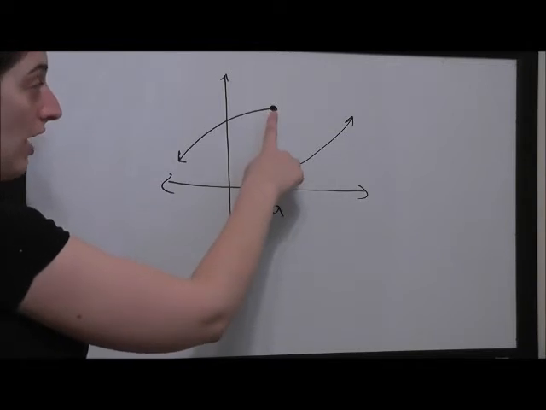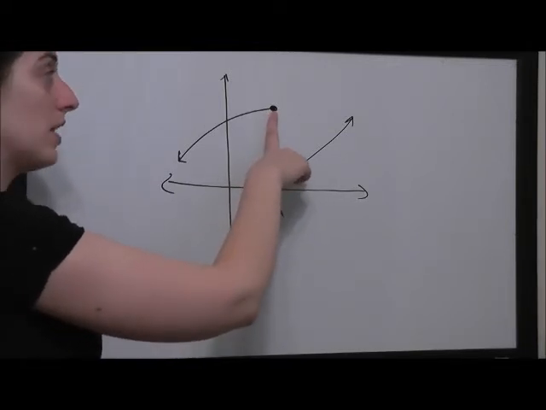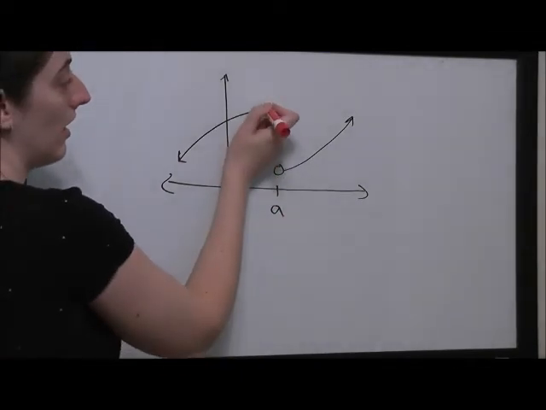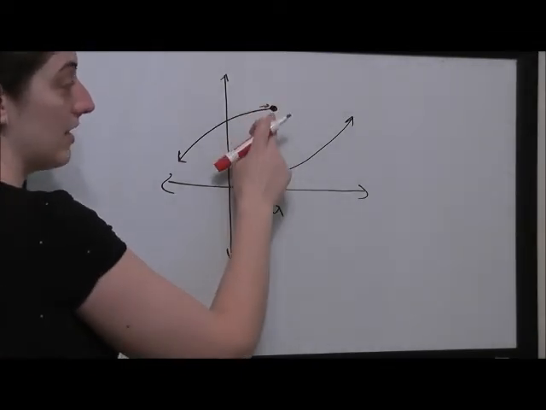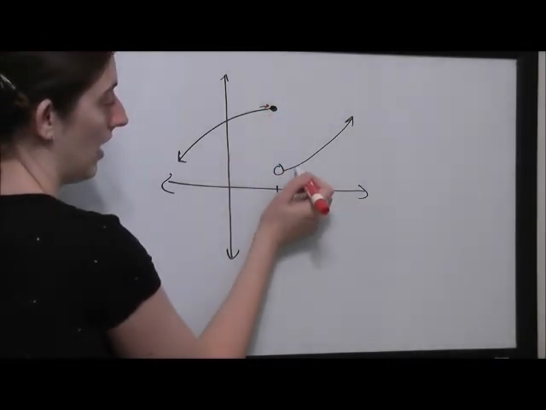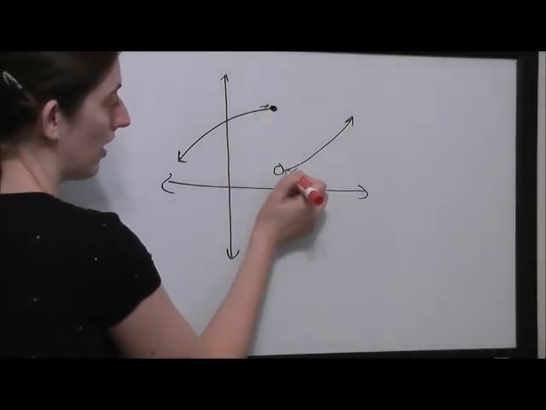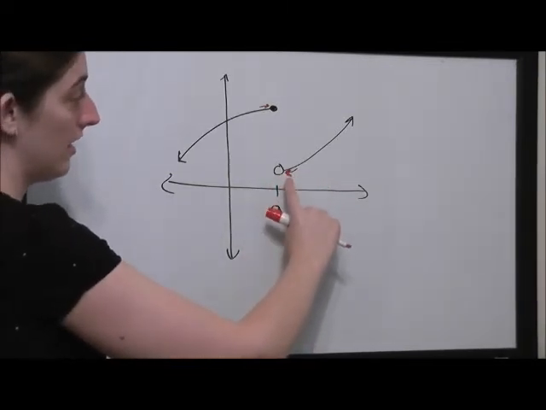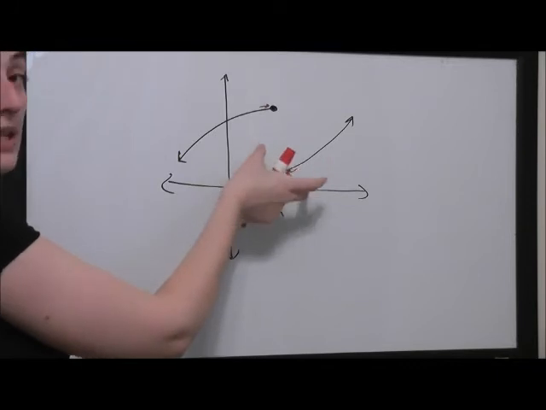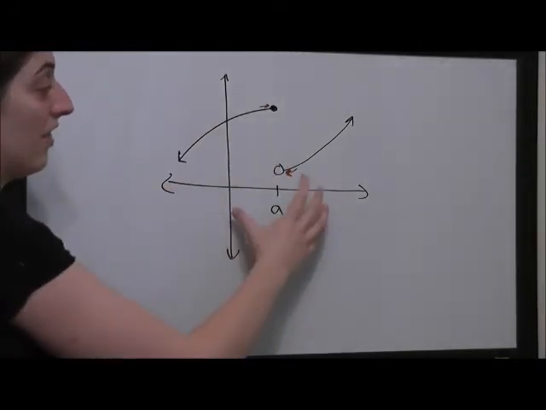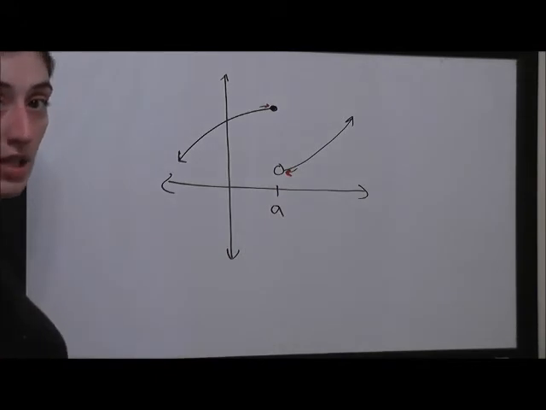So our first check is done, but now we need to see, do the sides meet up? Well, if we look at this side, it comes around and it meets that point. But if we look at the other side, it's all the way over here. So you can see that this side and this side are not meeting up, and since they don't meet up, this one is not continuous.